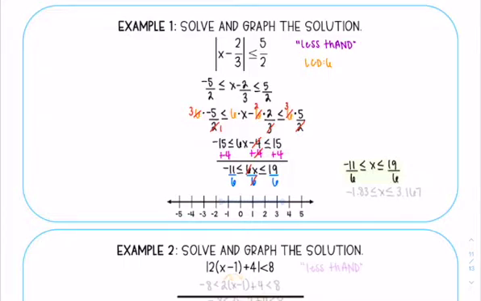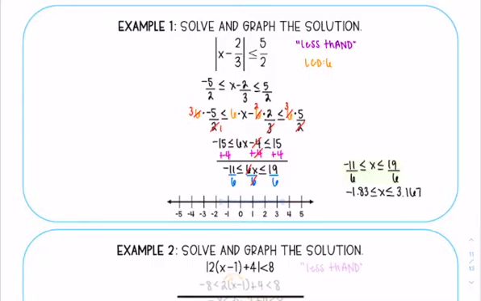And so where we're going to shade is in between those two endpoints, negative 11 over 6 and 19 over 6. Just so we know, negative 11 over 6 is about negative 1.83, and 19 over 6 is about 3.167.